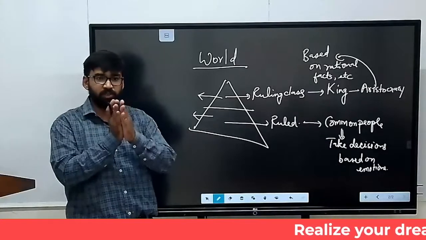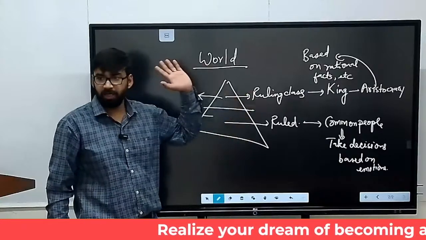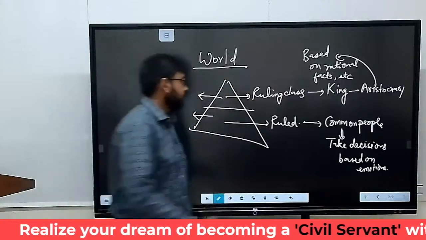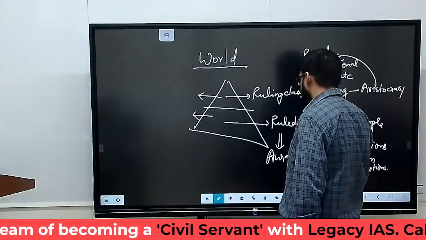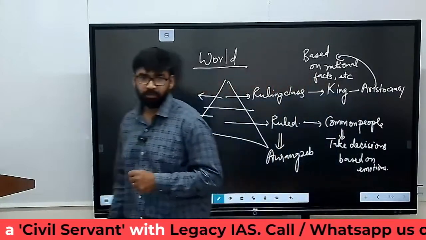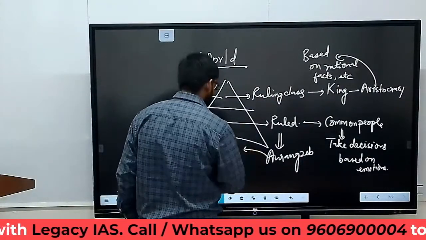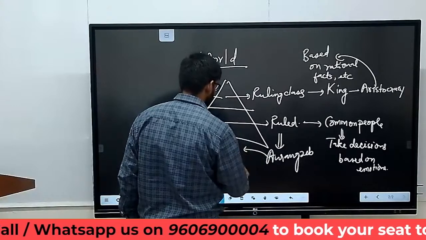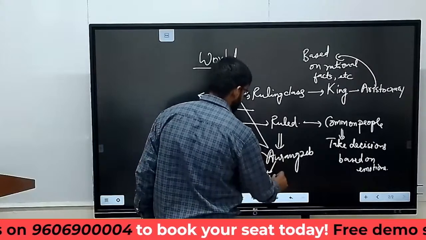That is why you will see history is written from two perspectives: the ruling class and the ruled class. Now, for example, there is a ruler in medieval history called Aurangzeb. Aurangzeb was a Mughal ruler. Common people will see Aurangzeb as a Muslim.